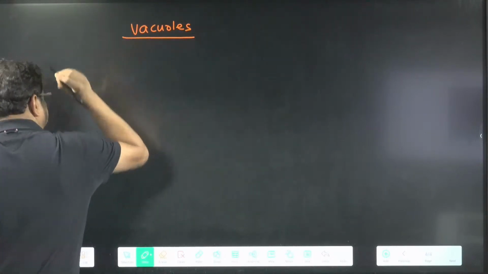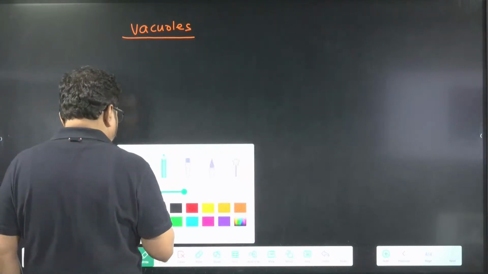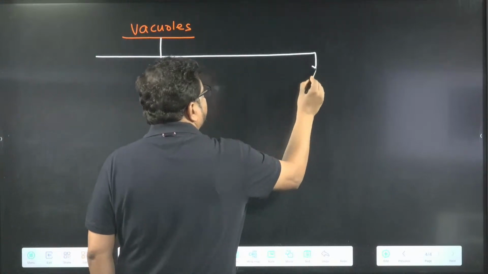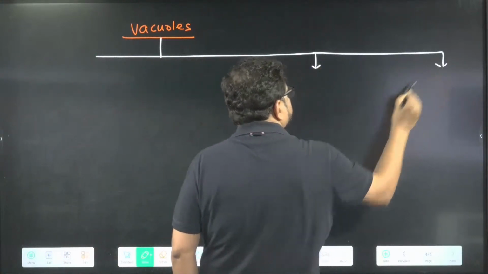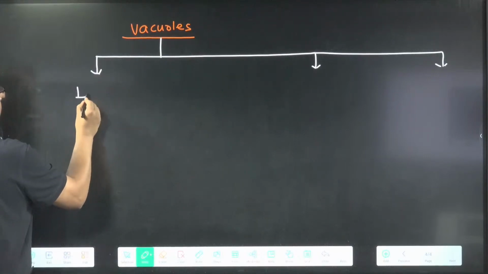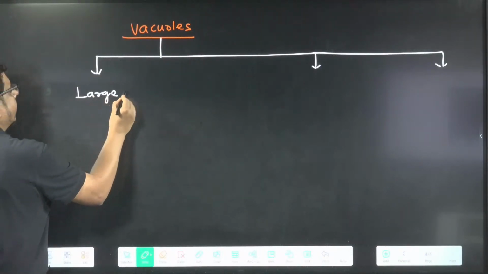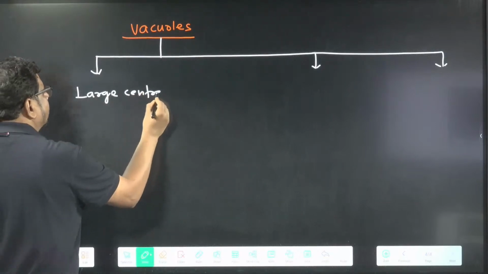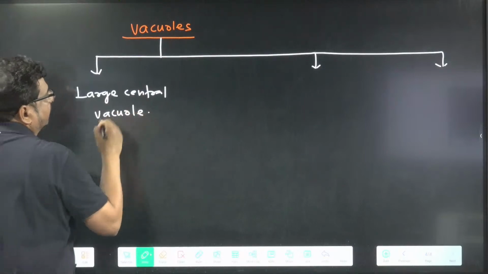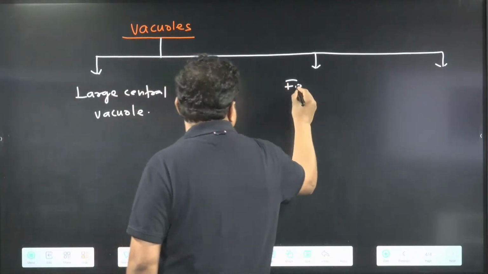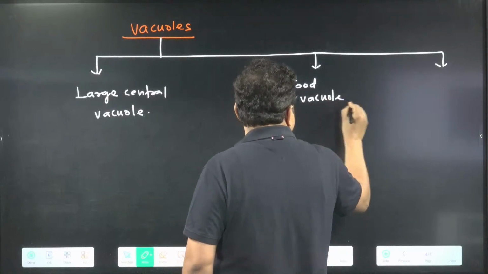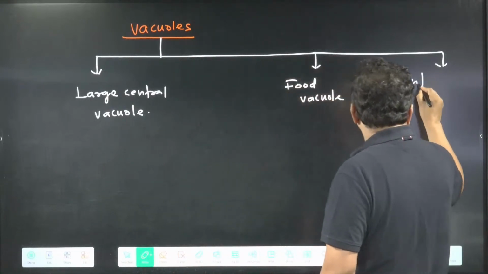If we talk about vacuole, we are going to discuss three different types of vacuole. One is large central vacuole, another is food vacuole, and the next is contractile vacuole.